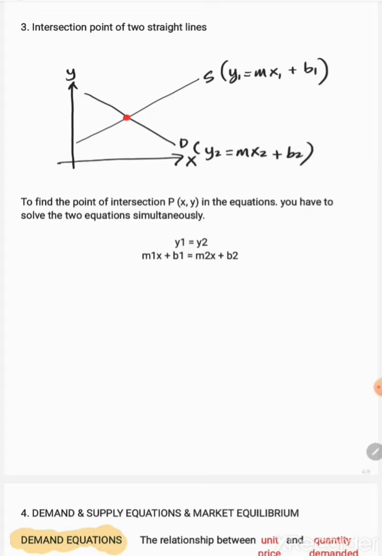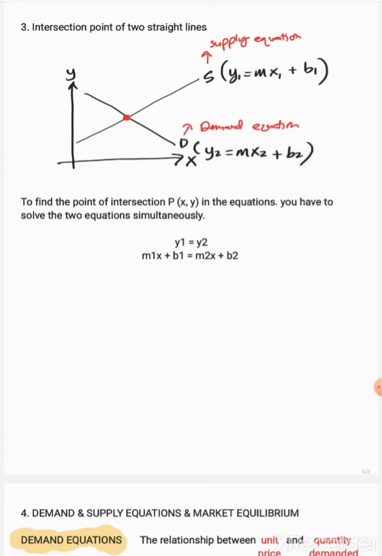S is y1 equals m1x1 plus b1, where S normally means the supply equation, and D is the demand equation, y2 equals m2x2 plus b2.